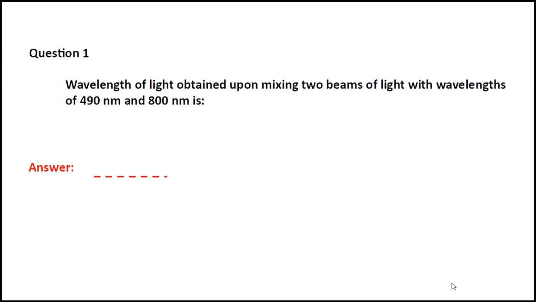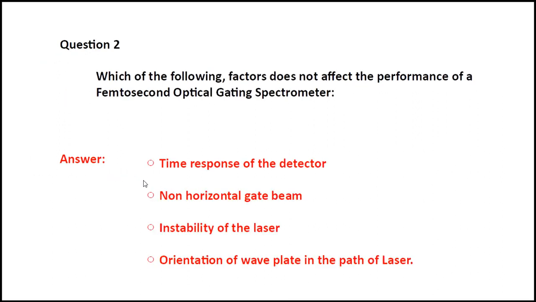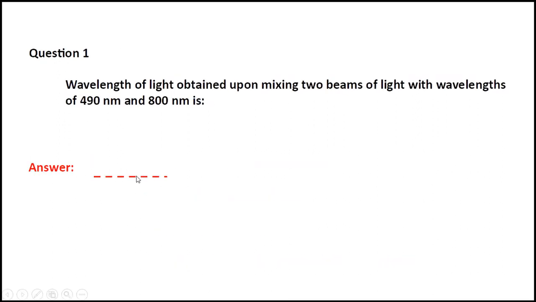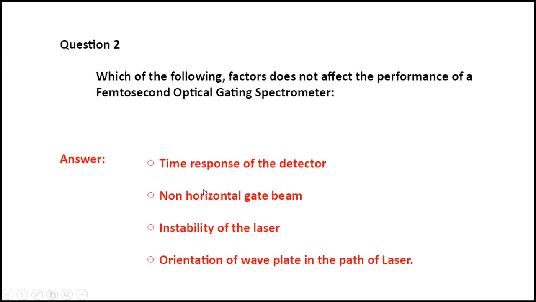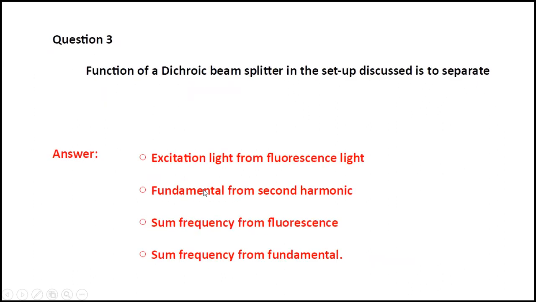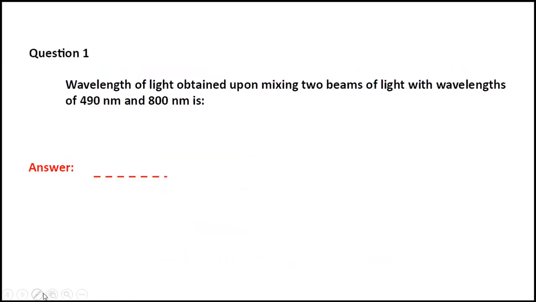First, suppose in a system you are given two wavelengths. Say lambda 1, whose value is 490 nanometer, and the second one is lambda 2, whose value is 800 nanometer.